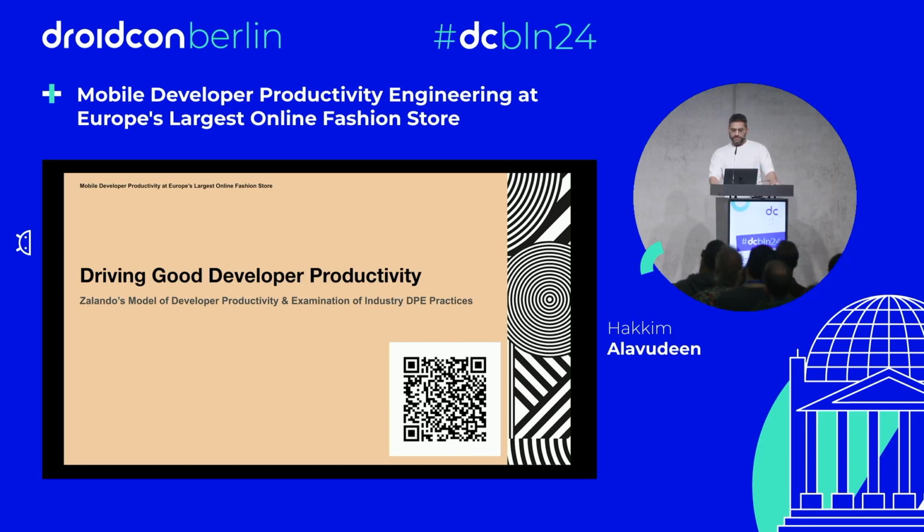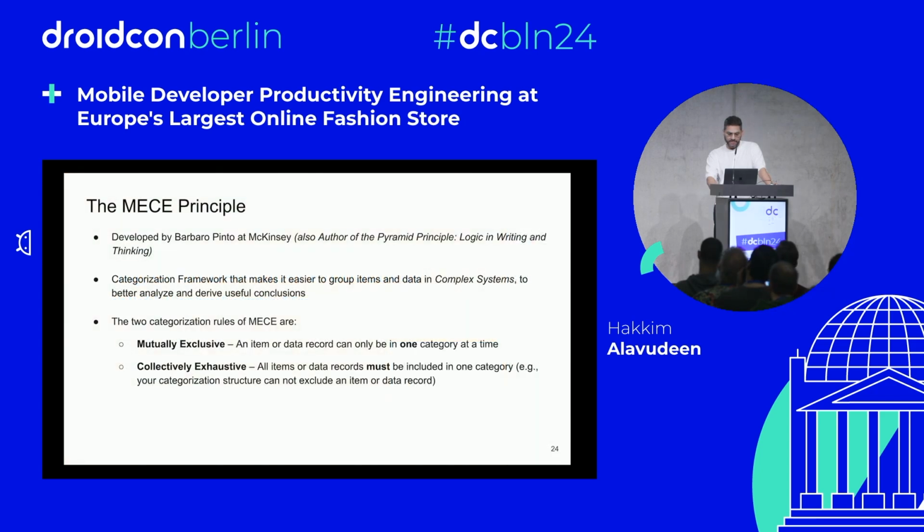Okay, so that comes to Zalando's own, or Zalando Apps, my organization's own model of developer productivity. We believe that we should ground any kind of strategy in sound principles, right? And one of the best principles that we know is the MECE principle, which many of you will know was developed by Barbara Minto during her time at McKinsey.